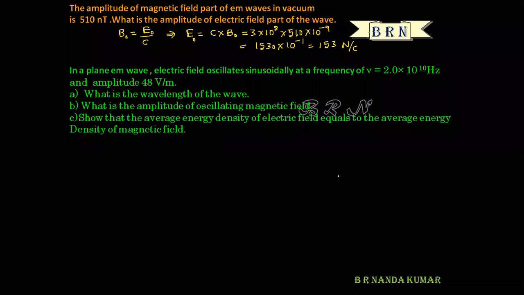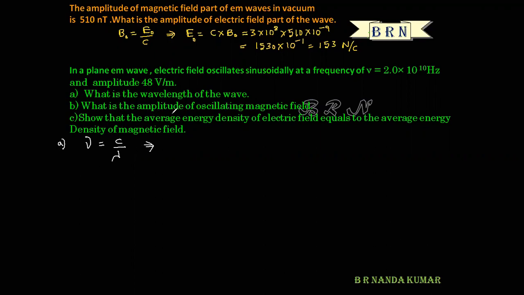So what is the expression for frequency in terms of the speed of light and the wavelength? Frequency nu is equal to c by lambda.